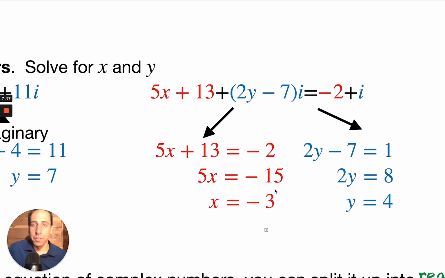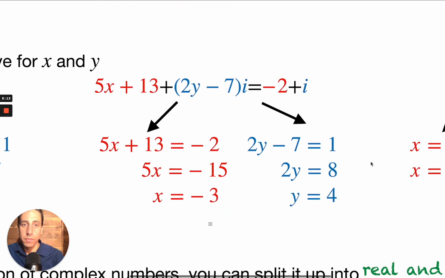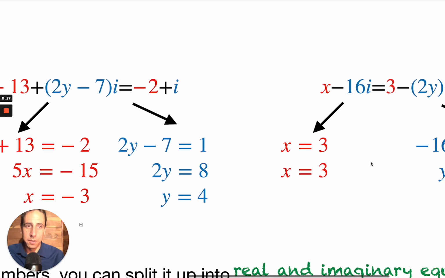Let's take another example of that. Here, we've got the real parts in red and the imaginary parts in blue. So 5x plus 13 is equal to -2 because these are all the real parts. They've got to equal the real parts over here. And the blue part has got to equal the blue part. Solve it like it's algebra 1.